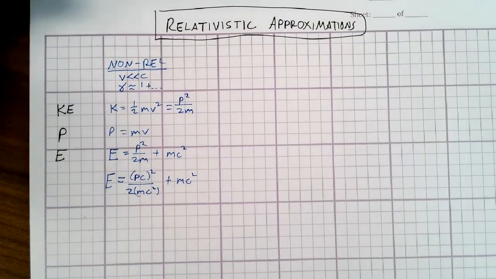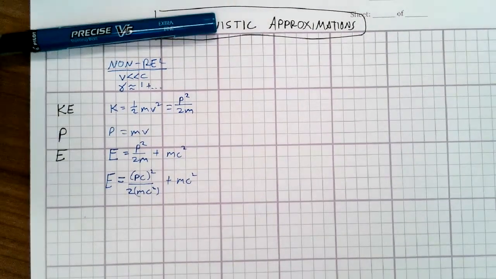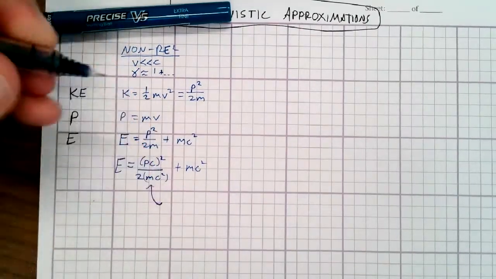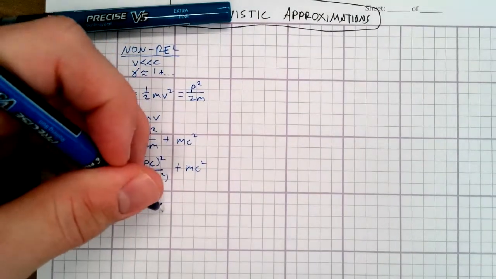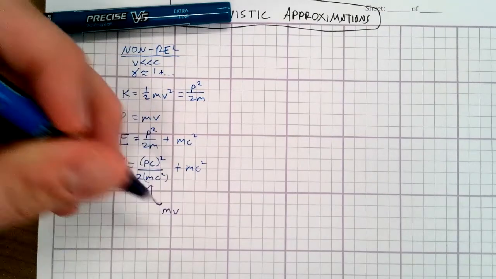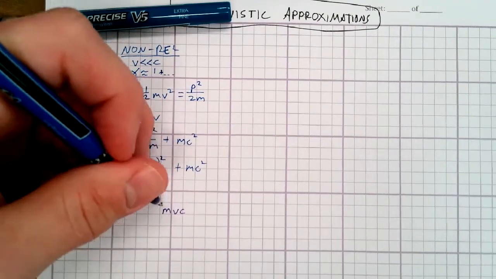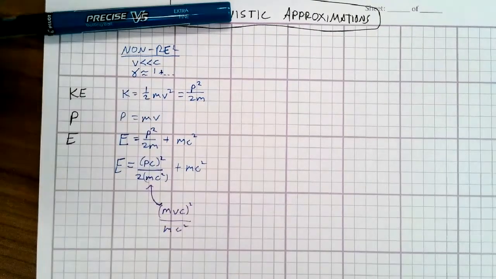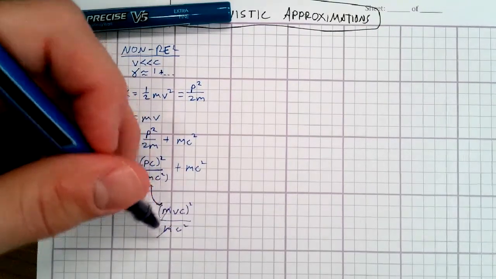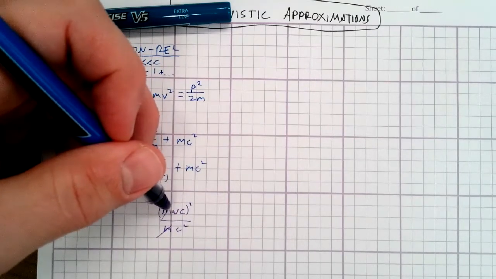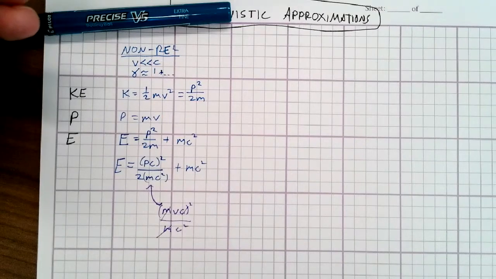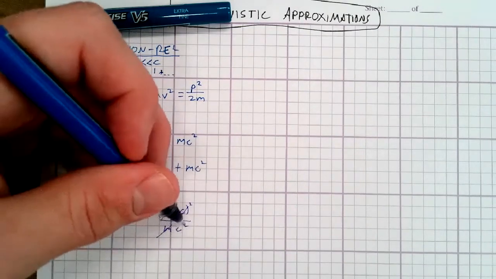Well, p is mv, so I'll switch to purple here. This term right here would then be equal to (mvc) squared over mc squared. Okay, the masses would cancel out. I'm going to have a v squared, c squared. The c's are going to be gone.